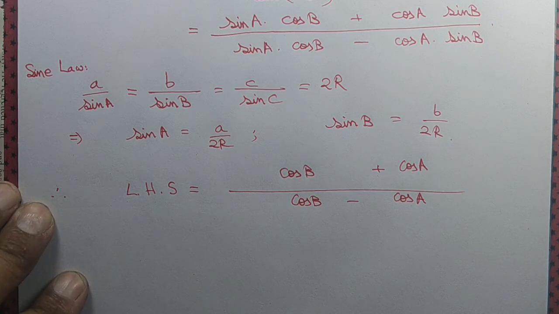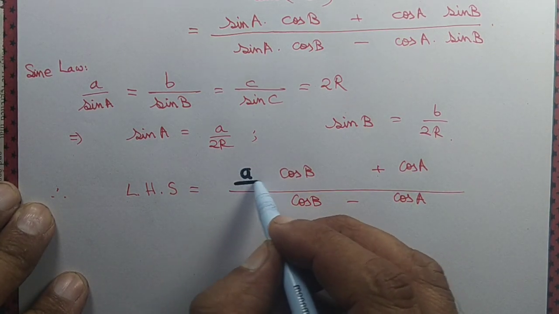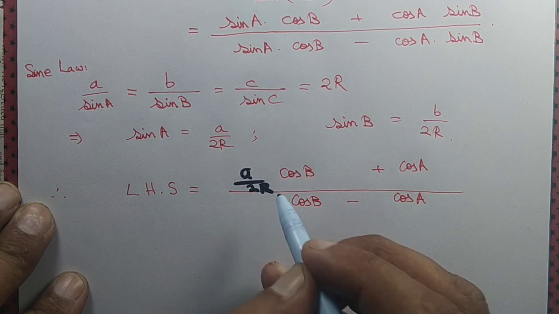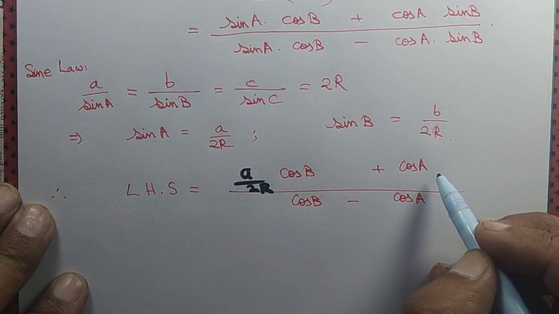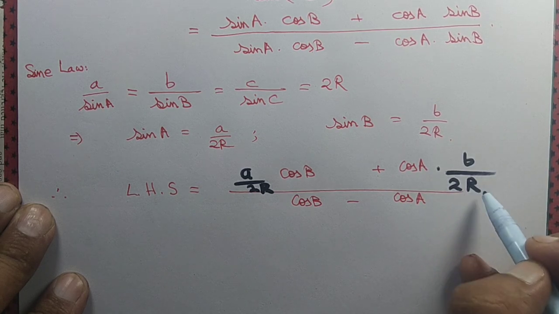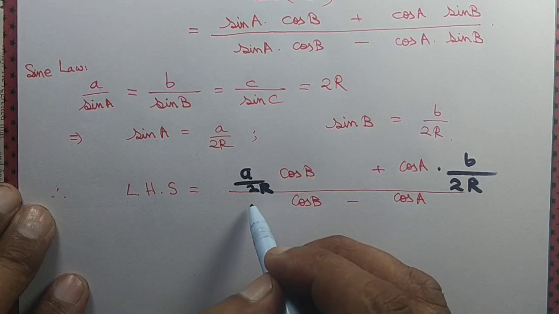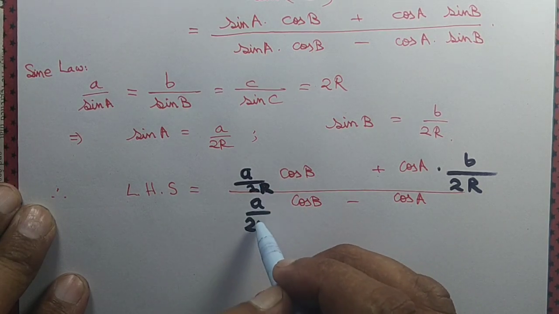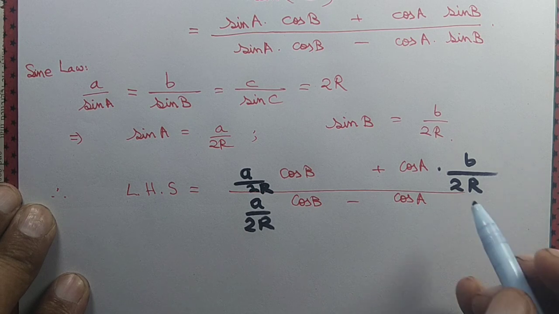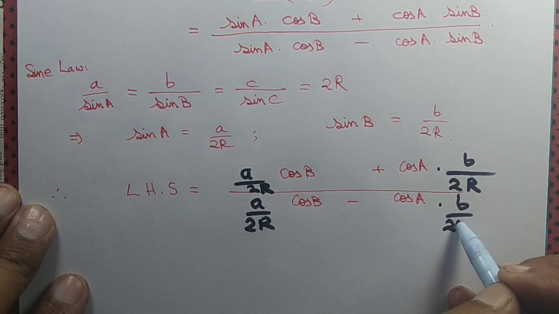Instead of sin A, let me write a by 2r. Instead of sin B, we can write b by 2r. The same is true in the denominator. Sin A, I can write a by 2r. Sin B, I can write b by 2r.